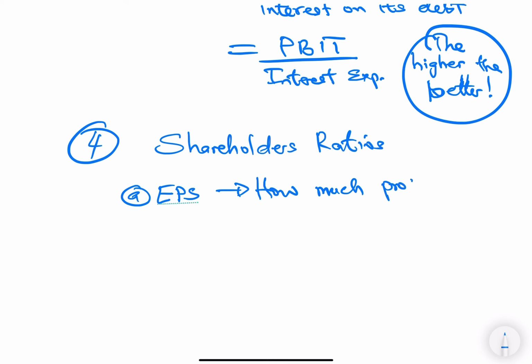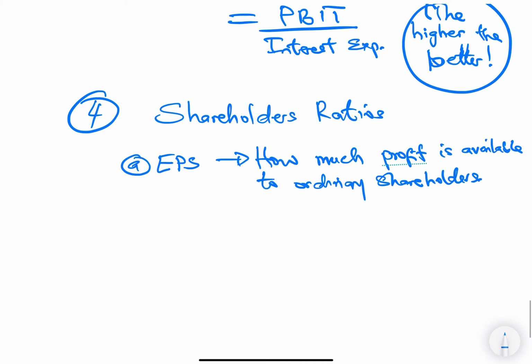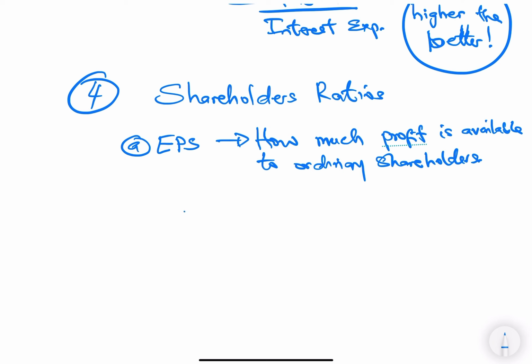So how much profit after tax is available to ordinary shareholders? That's what we are checking. Is there anything left for them to share as dividend? That is the question we're answering.